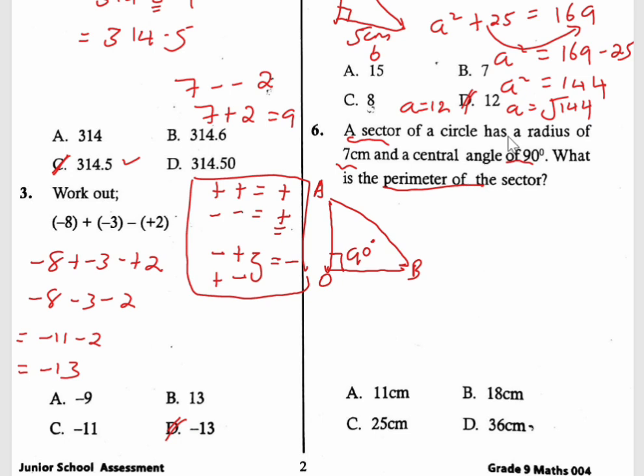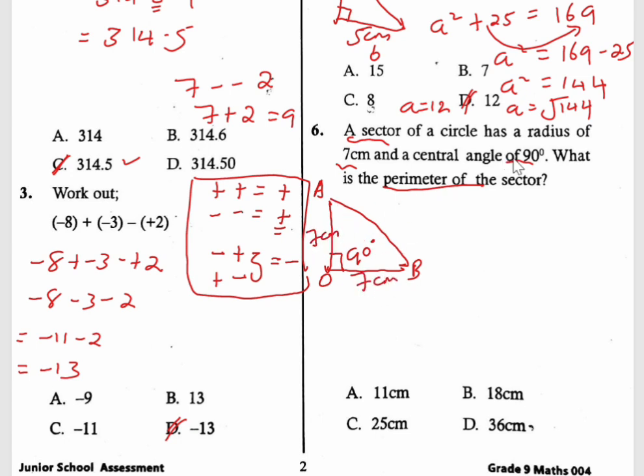They're asking us to find the perimeter of the sector. So the perimeter is the sum around this shape. From A to B, this is the arc length. Then from B to O, from O to A. The radius is 7, so this means OB is 7 centimeters, and also from O to A, it is 7 centimeters.